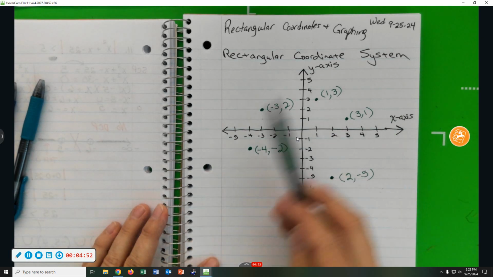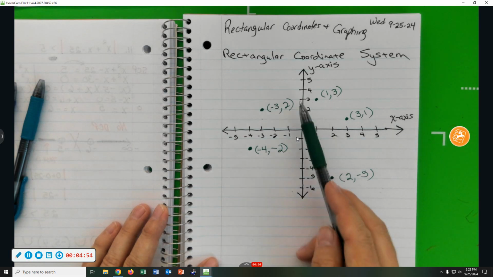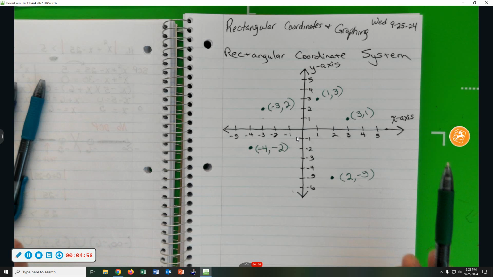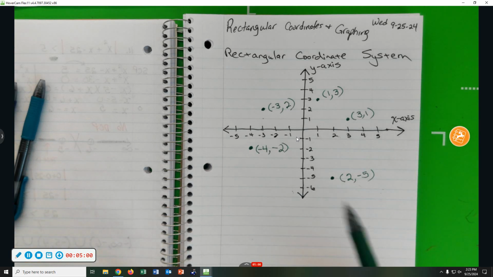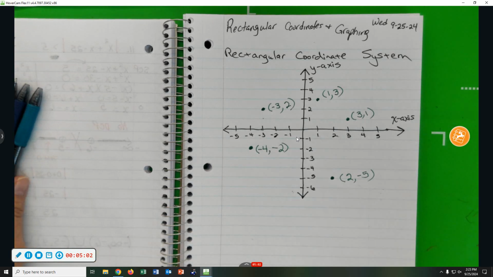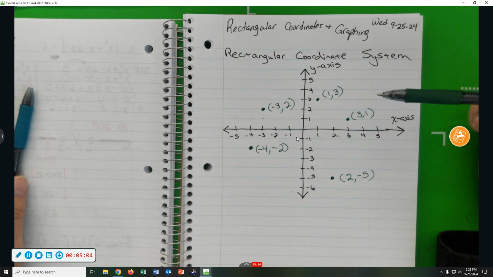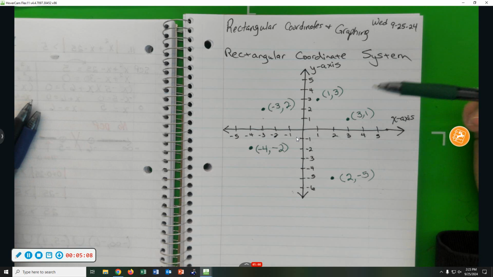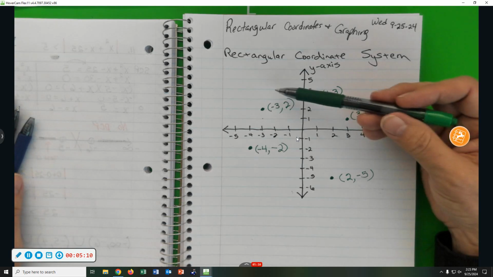Notice how the two number lines split the plane, a plane is any flat surface, a plane, not a plain, into four distinct regions.